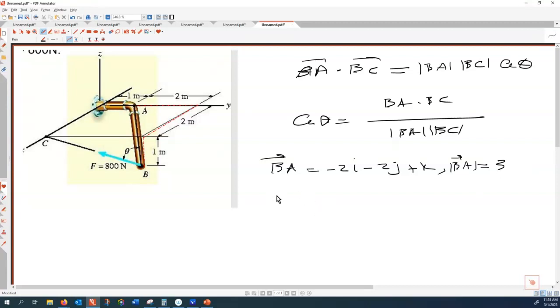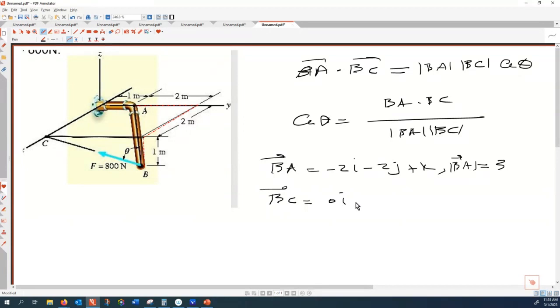And let's construct BC. For BC, you go 1 unit up, and then you go 3 units in the negative Y, correct? And it doesn't have any I component.